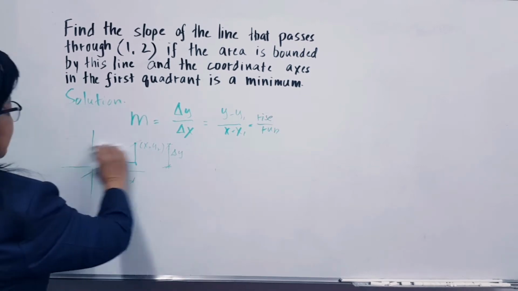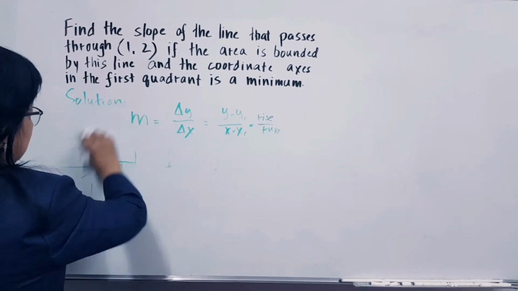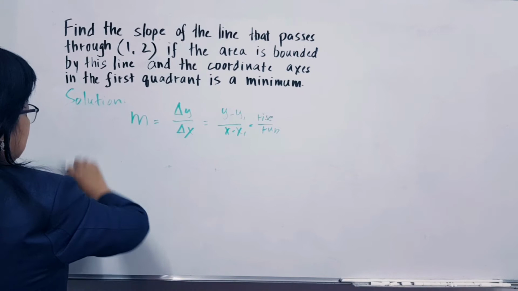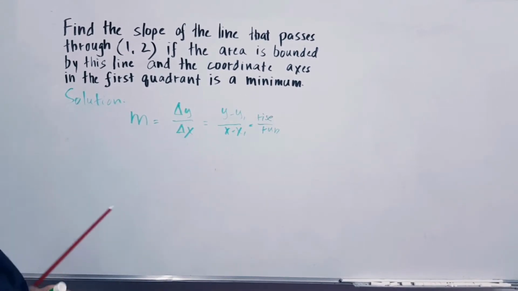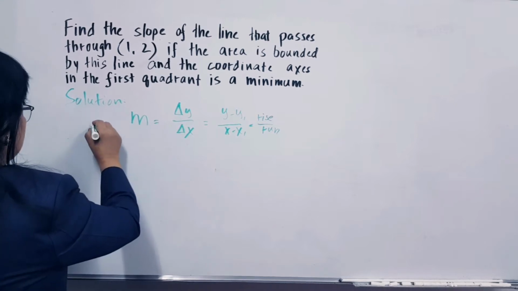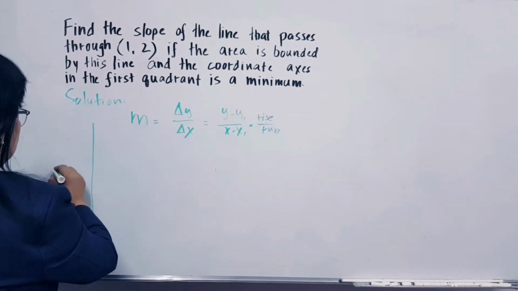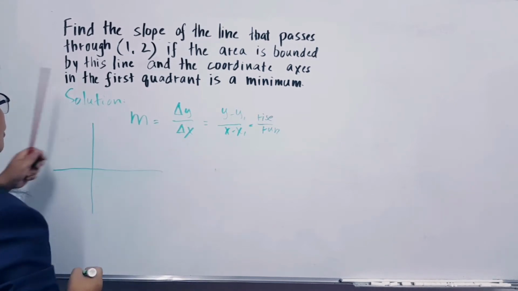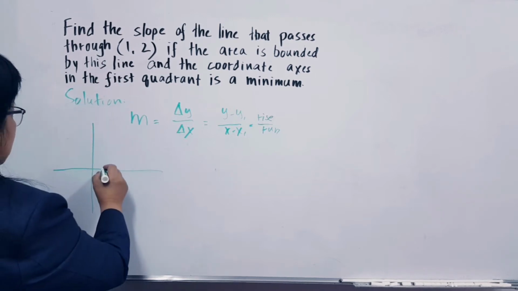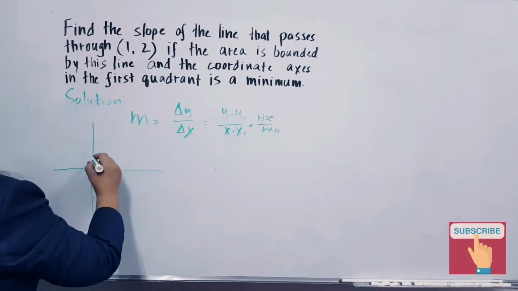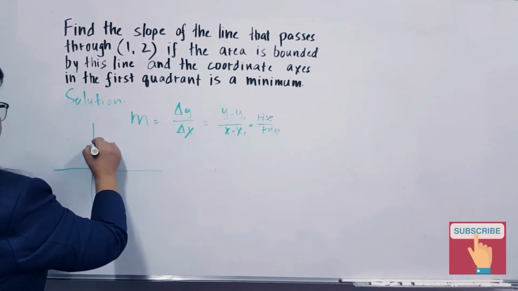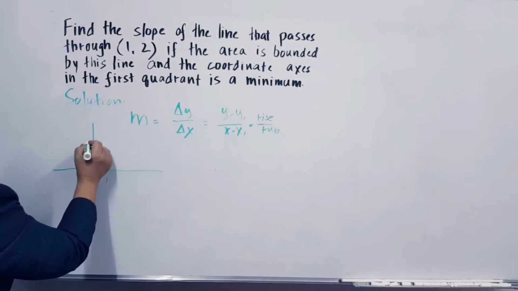to solve the problem we have here, if we were to plot this one, 1, which is the x, and 2, which is the y. So 1 and 2, so this is 2.